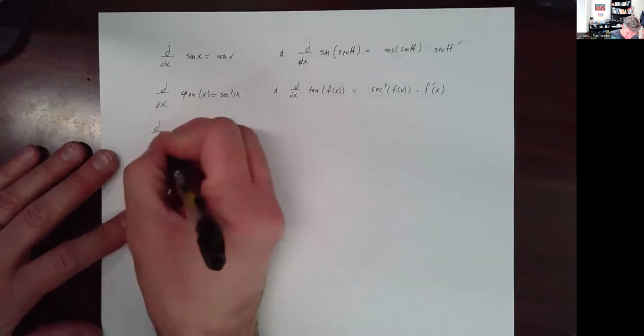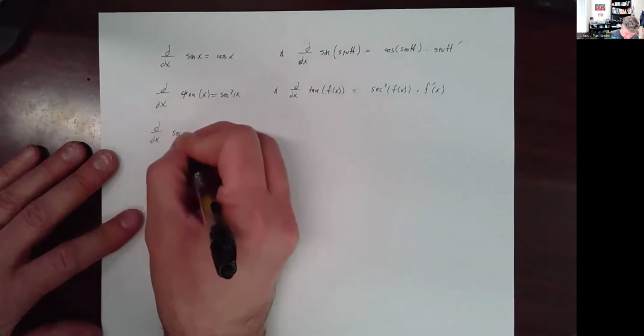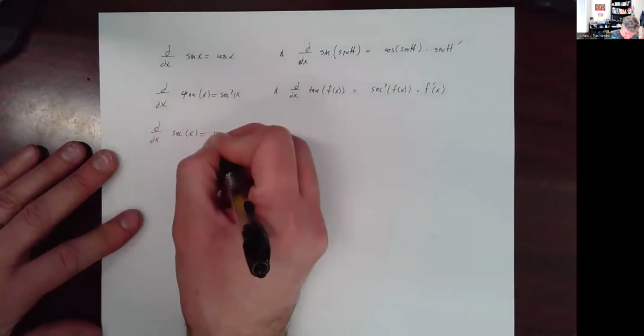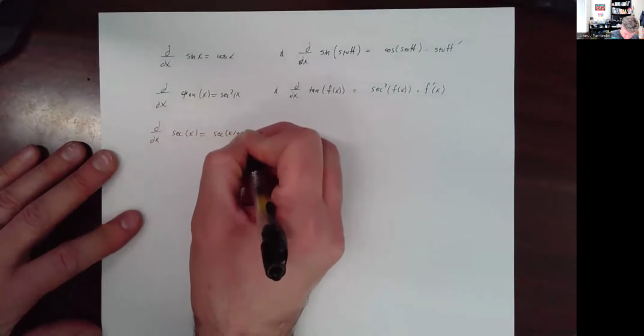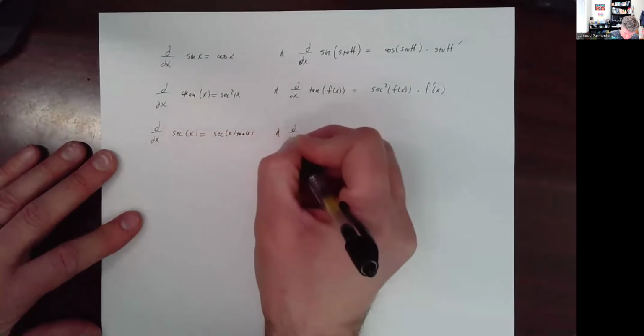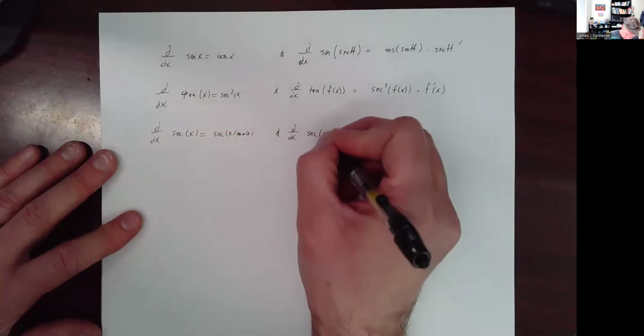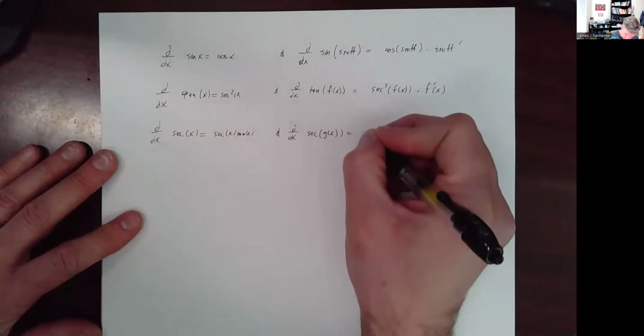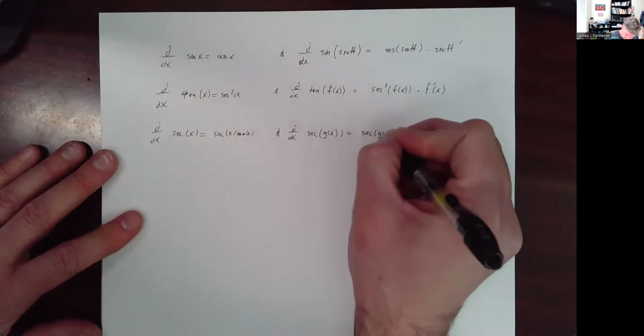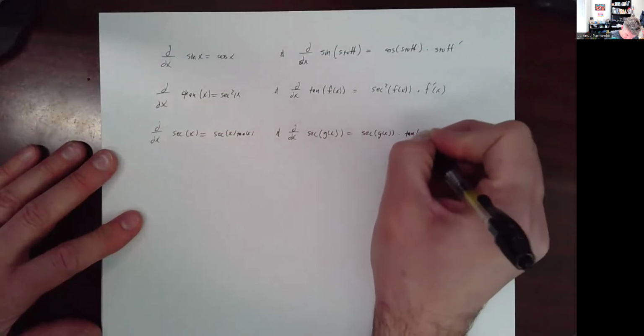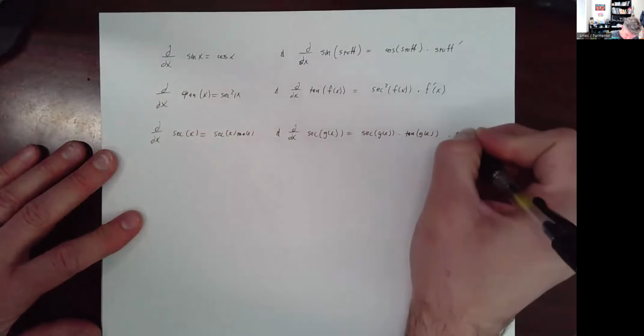And the derivative of secant of x is secant of x times tangent of x. And the derivative of secant of some stuff is secant of your stuff times tangent of your stuff times the derivative of your stuff.